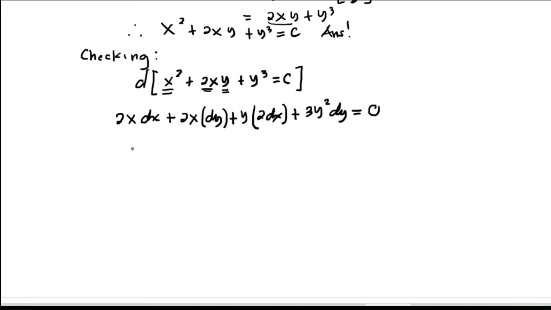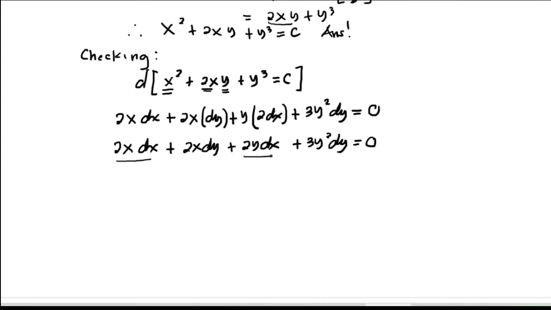Then I'm going to simplify. This is 2x dx plus 2x dy plus 2y dx plus 3y squared dy equals 0. I'm going to combine the dx terms. We have 2x dx plus 2y dx, then factor out dx. So we have 2x plus 2y dx.